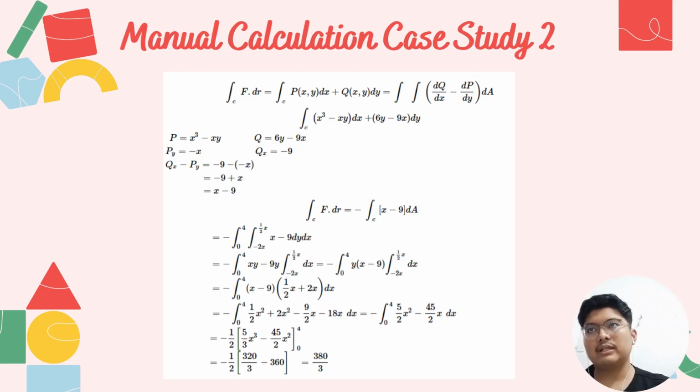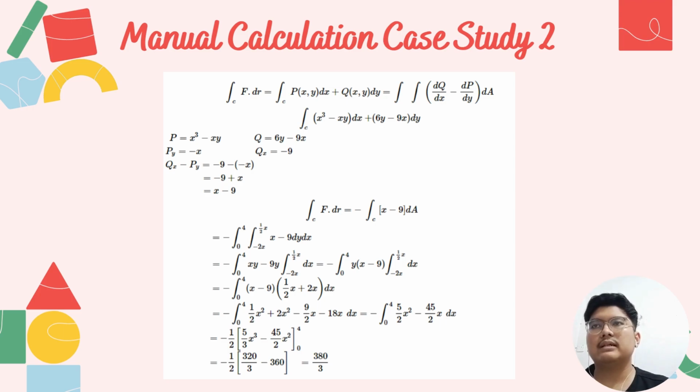For the manual calculation for case study number 2, I have stated the main formula that we need to use, and we put out the P, which is x to the power of 3 minus xy, and we differentiate it with respect to y, and the answer is negative x. Next, we put out the Q, which is 6y minus 9x, and we differentiate with respect to x, which the answer is negative 9. Next, Qx minus Py, and the answer is x minus 9.